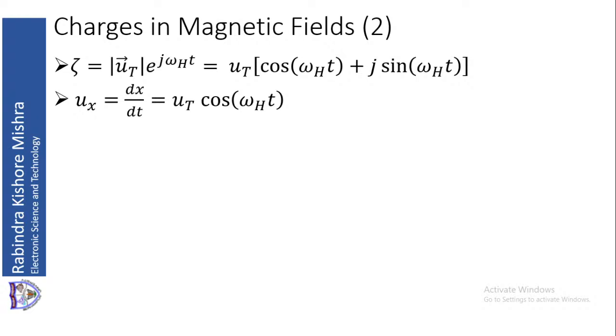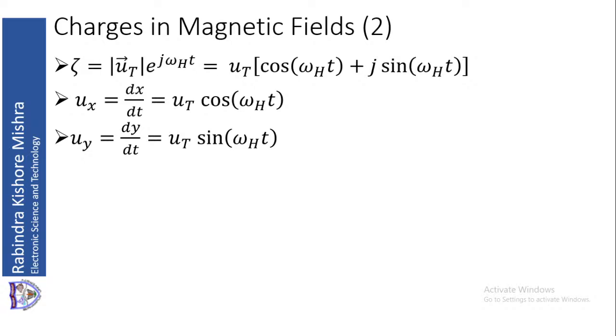You know, the velocity is the time rate of change of displacement. So ux is equal to dx by dt, and by equating the real parts, that will give you ut cos omega h t. Similarly, equating the imaginary parts, we will get uy, which is equal to dy by dt, that will be equal to ut sin omega h t. These are again first order differential equations in x and y. So we can find out what x is and what y is.